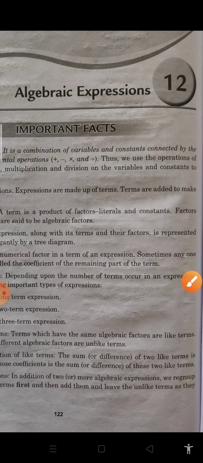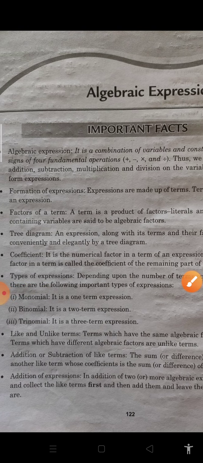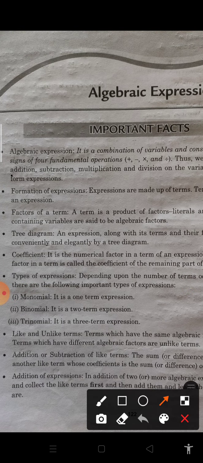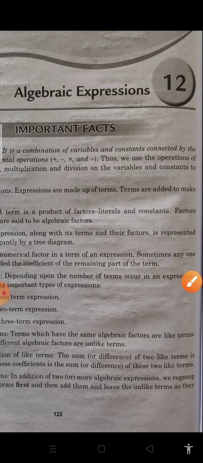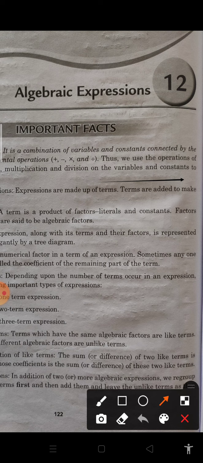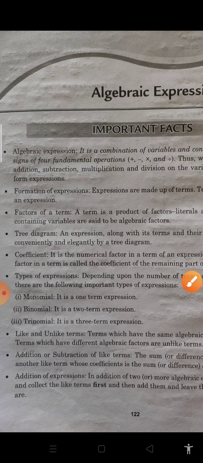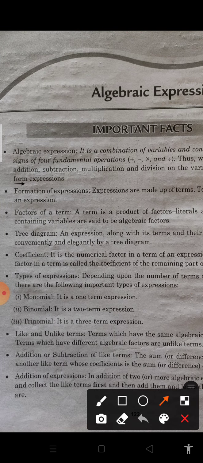Thus we use these operations on the variables and constants to form expressions. यानी कोई भी वेरिएबल्स और कांस्टेंट को मिलाकर इन फोर ऑपरेशंस की यूज से जो एक्सप्रेशंस बनाते हैं वो कहते हैं अलजेब्रिक एक्सप्रेशंस.